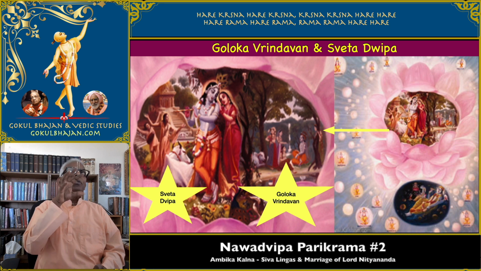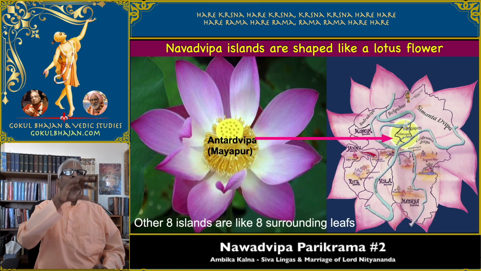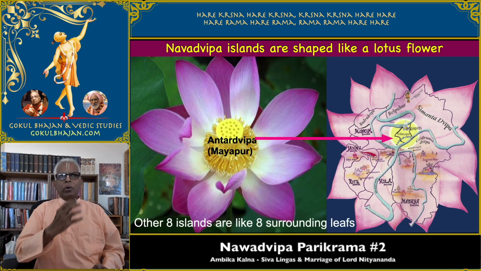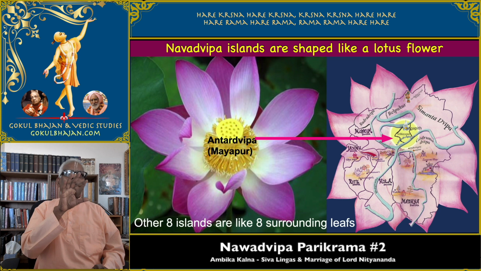Now this Goloka Vrindavan, as we see, has 12 main forests and then 12 Upavanas, sub-forests. All these 12 forests are actually mapped to this Navadvipa, which looks like a lotus flower, and these vanas are actually coming as Dvipas.